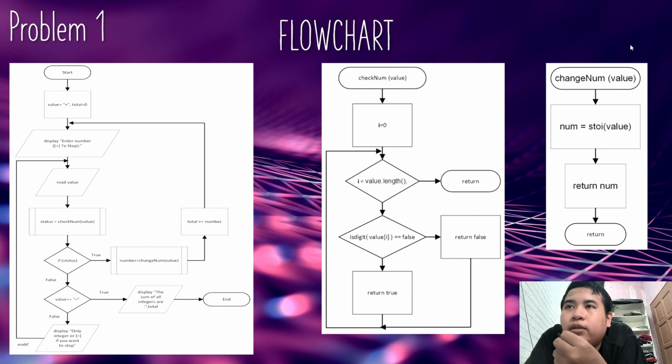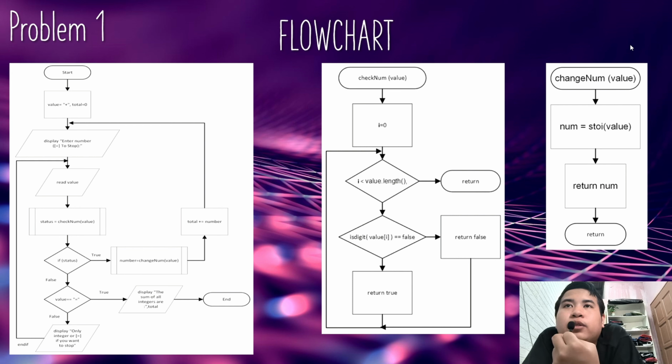Then if status is true, then it will repeat again. If it is false, if the user inputs the equal sign, it will stop, it will end. If it is false again, then it will display only integer number or equal sign, so user knows what to put.